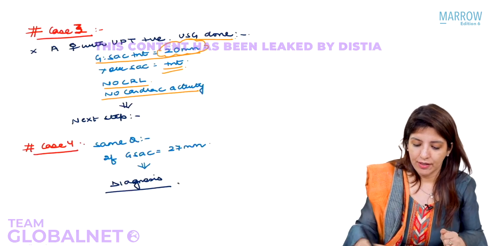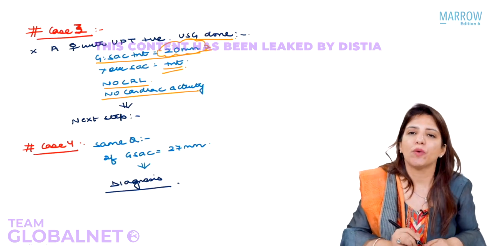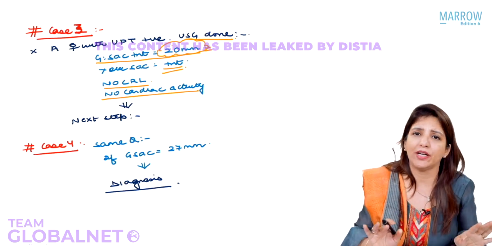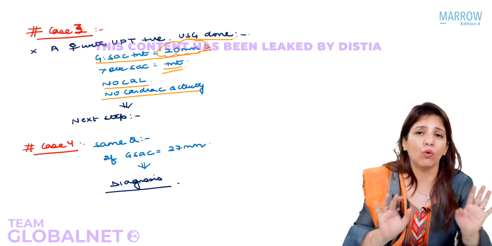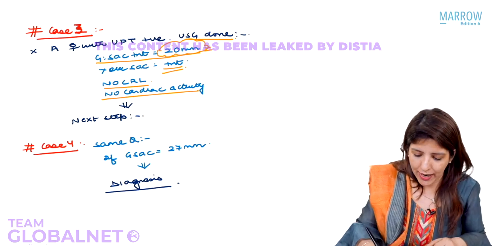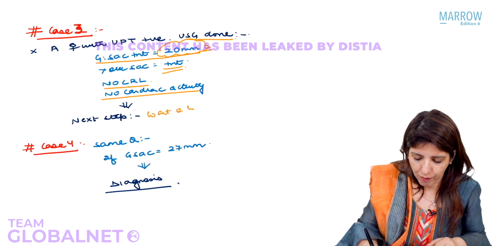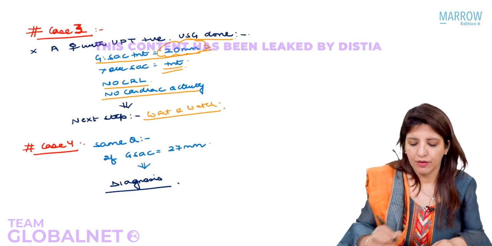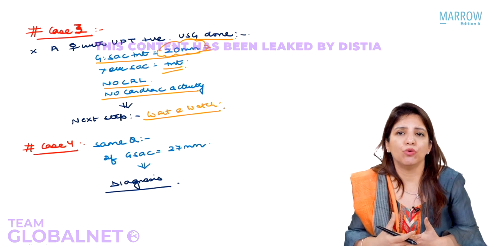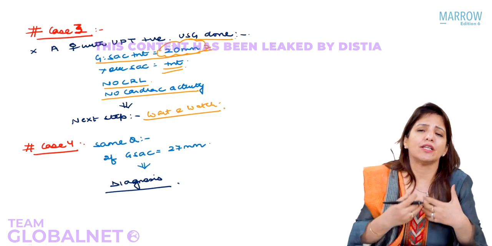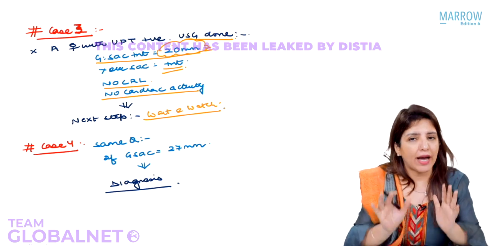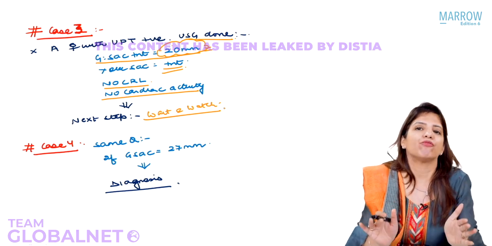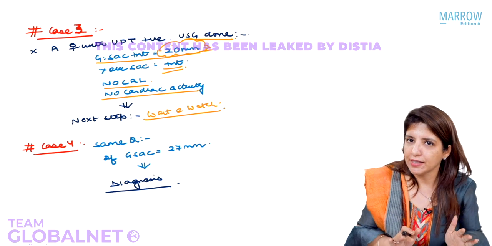Here, the mean sac diameter is 20 millimeters. Just now it is not 25. So I am not going to be in a hurry to say it is a case of blighted ovum. No. I am going to wait and watch. Right? Maybe, in this case, cardiac activity or the fetal tissue is coming a little late. Right? So I am going to wait till 25 millimeters. Is that clear to you?